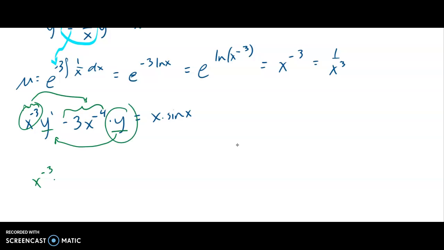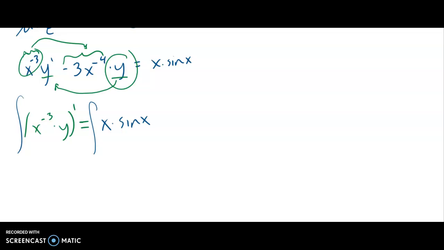That times that is all primed, equals, and I haven't changed the right side, so it just stays the same, x times sine x. Now I can integrate both sides, just like we did in the previous mu one, and the integration on the left side works really nicely.